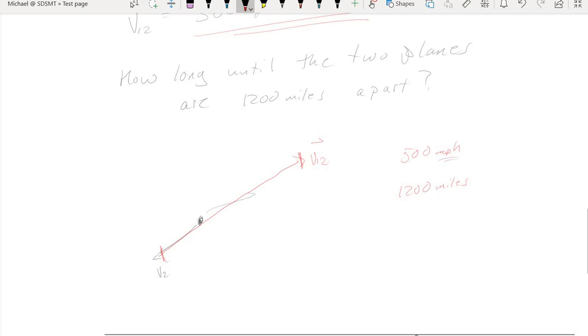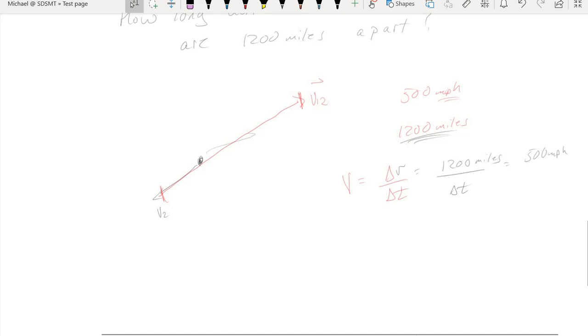Miles per hour is a measure of velocity, and velocity is a measure of displacement over time. Technically I used delta x there. I should have used delta r. But our delta r is going to be the 1,200 miles of separation distance. And we're looking for the time that it takes to cover that distance at a rate of 500 miles per hour.